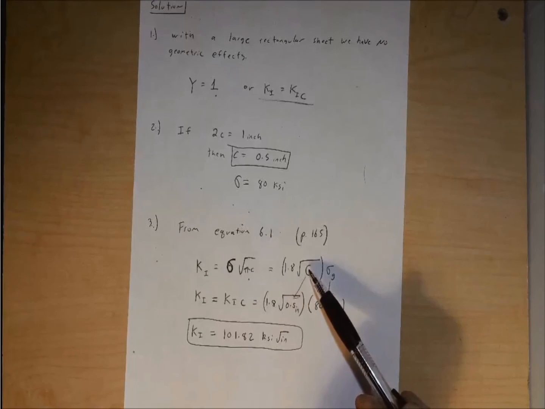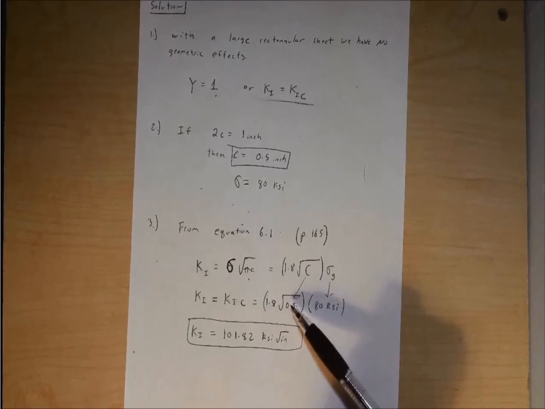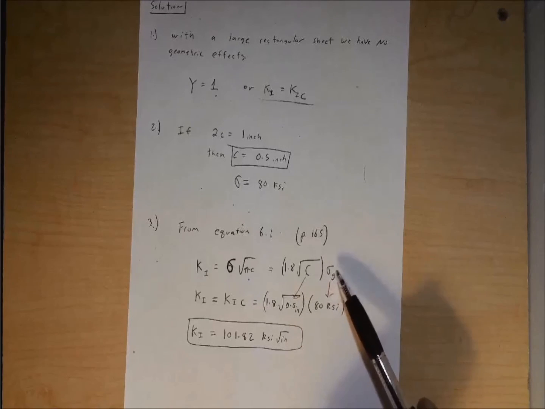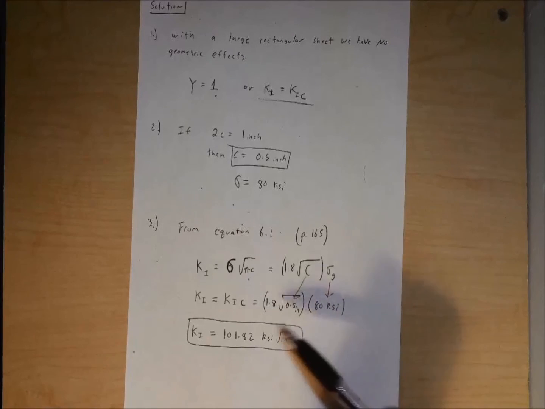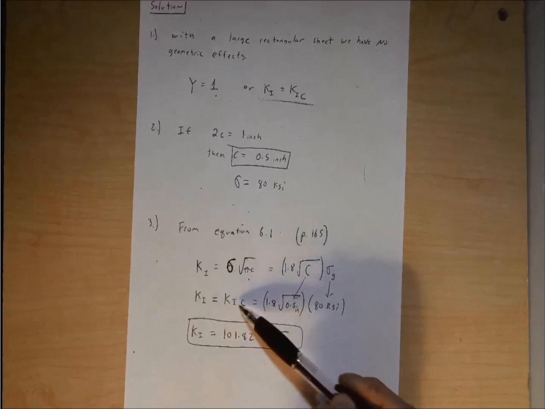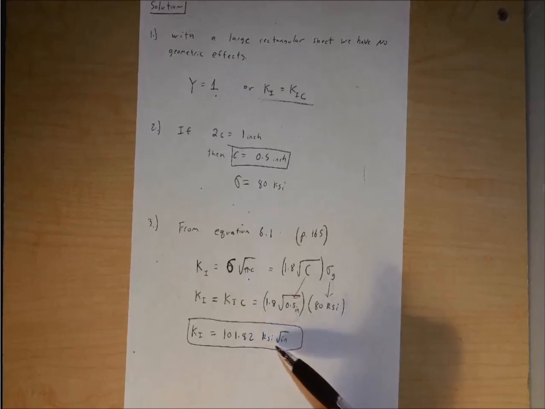So again, if 2c was 1 inch, c is a half inch, we can plug that right in there under our square root, and we have our sigma value here of 80 ksi. So we can then plug these in. We know that Ki is equal to KIC, which is equal to now 101.82 ksi times the square root of inches. So this is the units we're going to be looking for these guys here.